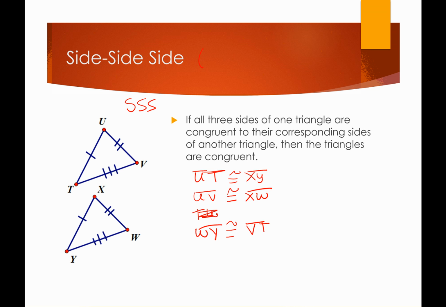Okay, since all three of those sides are congruent, I can say that triangle TUV is congruent to triangle YXW. Okay, and order matters because we want to be able to look at this congruence statement and tell which angles are congruent to which and which sides are congruent to which. So that order does matter when we're stating them.